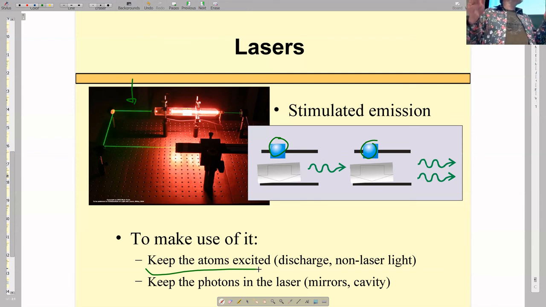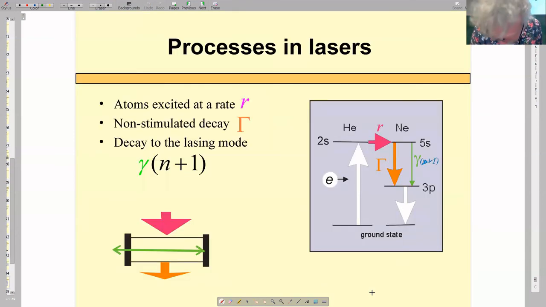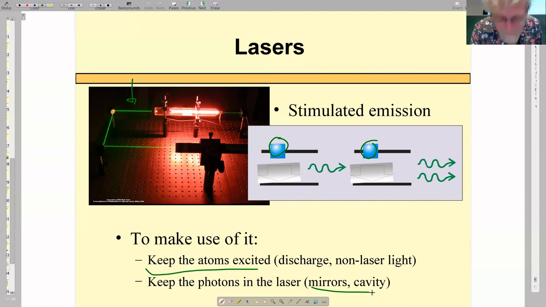And if all photons in the laser would be gone, we won't get it. We have to keep some photons directly in the laser. Right? There are technical ways for this, mirrors or a cavity. Again, who did the practical on lasers? How did you keep photons?